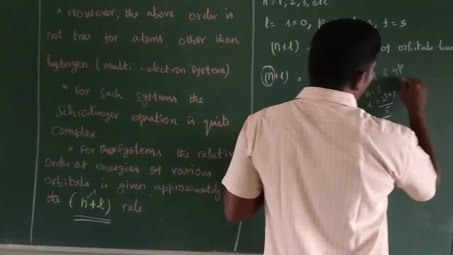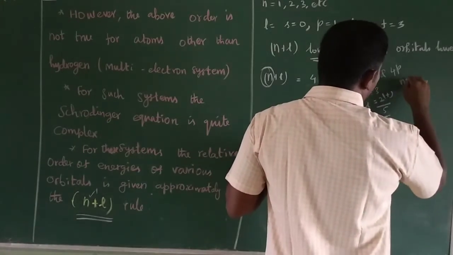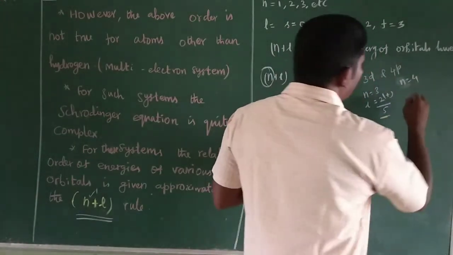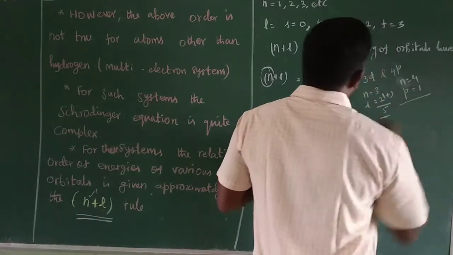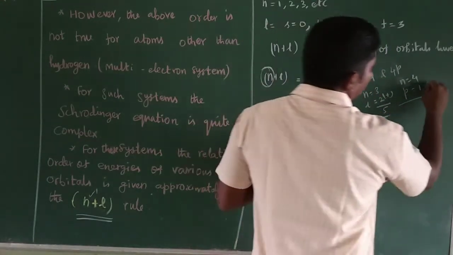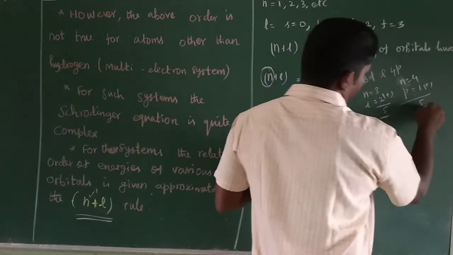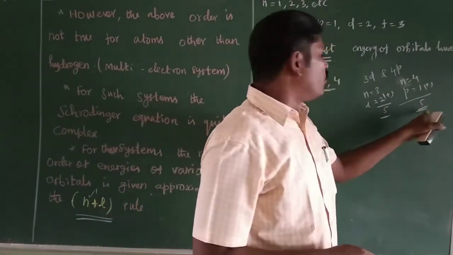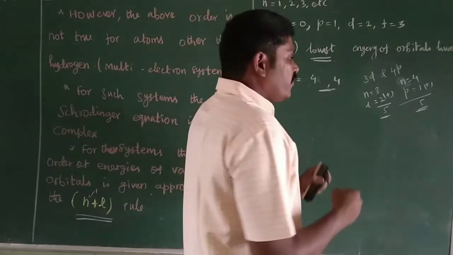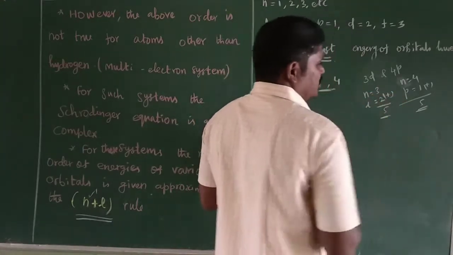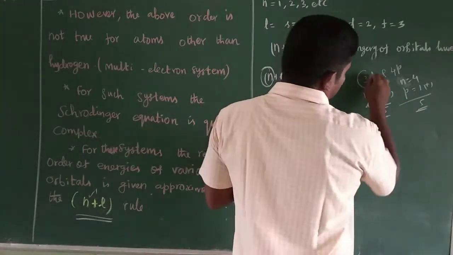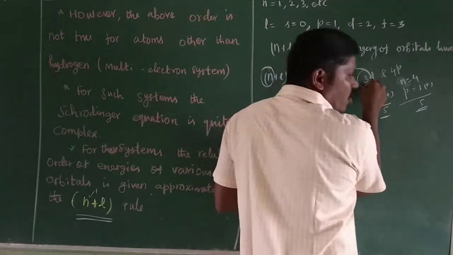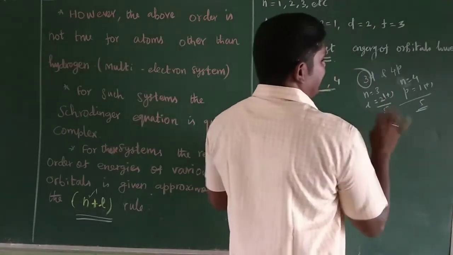In 4p, n is 4 and L is 1, so 4 plus 1 is 5. The n plus L value is the same, 5 and 5. Which orbital has the lowest energy? The one with the least n value, so 3d.